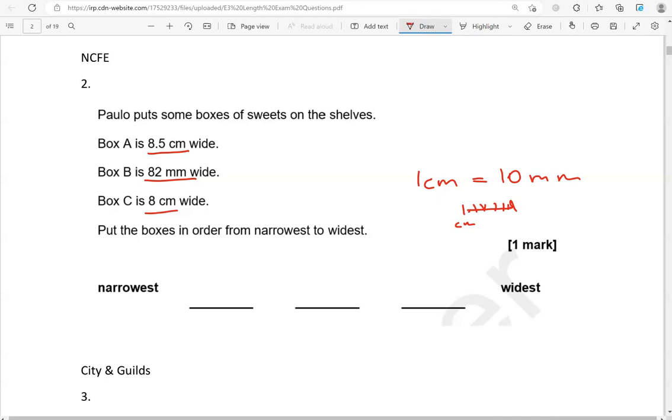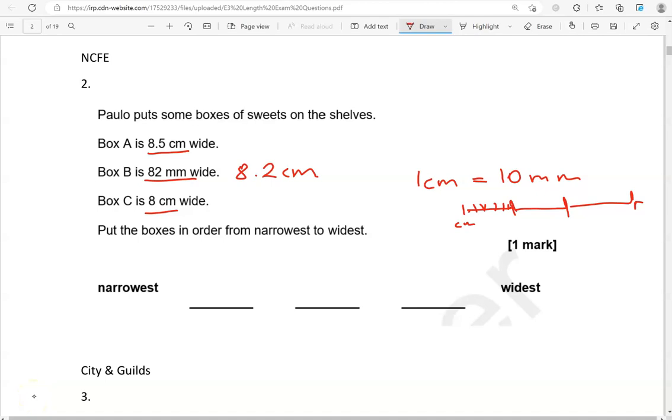So this means now that 82 millimeters, you'd imagine 8 and a bit centimeters. So that is exactly 8.2 centimeters.